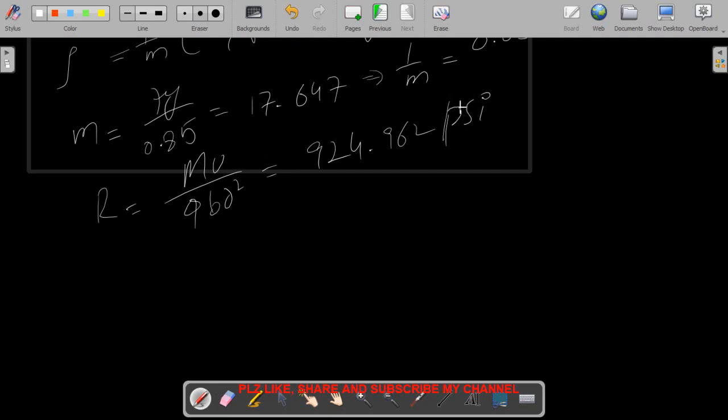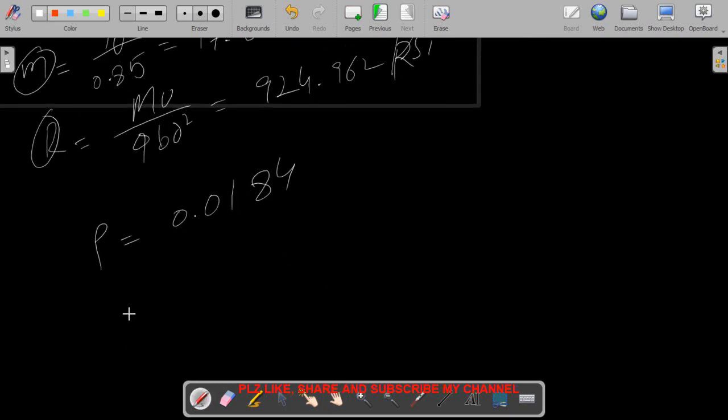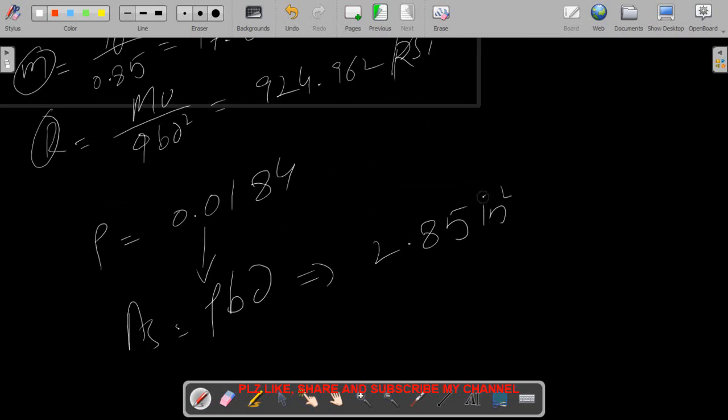Now if I plug the R value and m value in this equation and use my calculator, I got the rho value as 0.0184, right? And if I calculate my area of steel, rho times b d, where b is 10 and d is 15.5, I got 2.85 square inches.